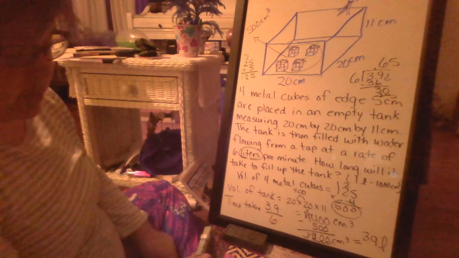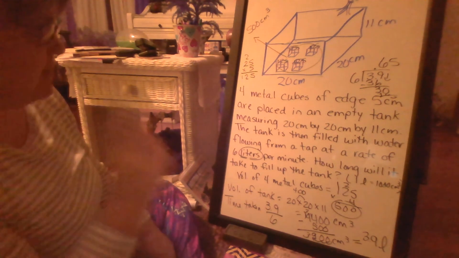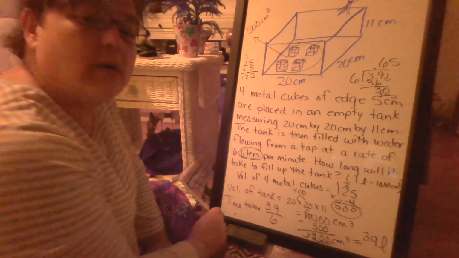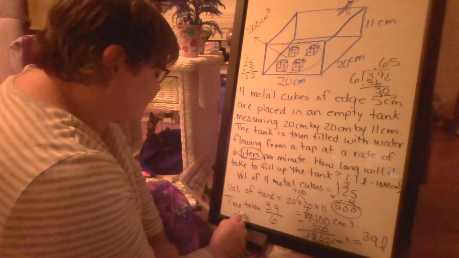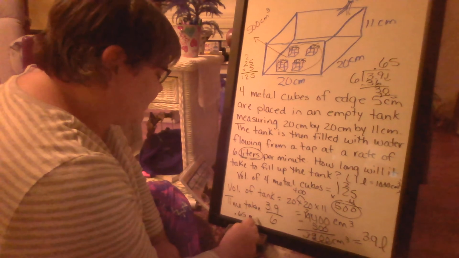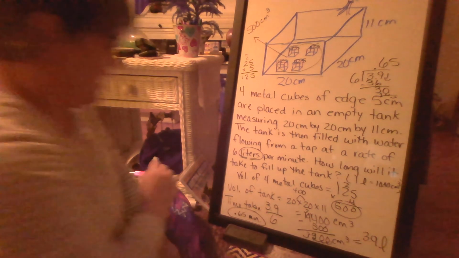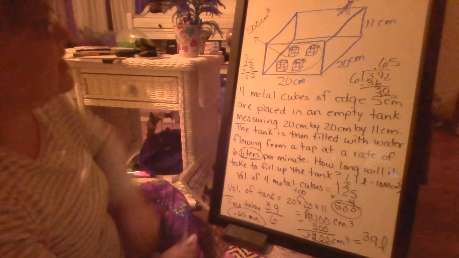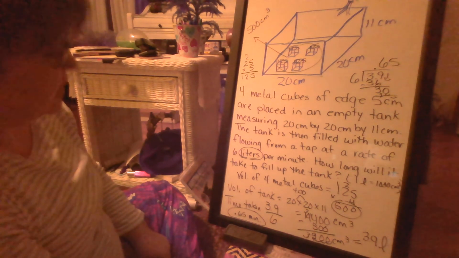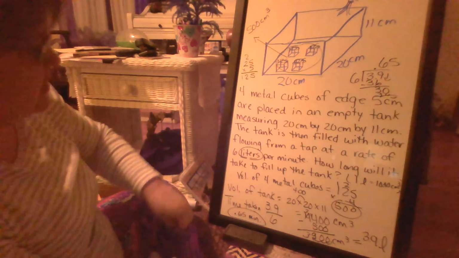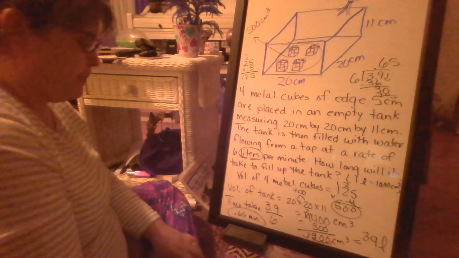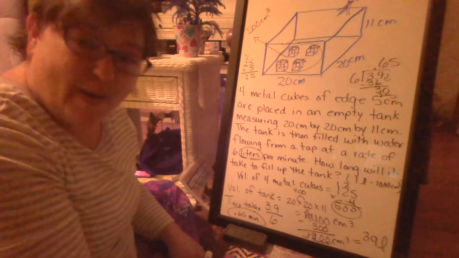So it's going to take me 0.65 minutes. That is how long it's going to take to fill up that tank, going 6 liters per minute. It'll take 0.65 minutes. So there you go.